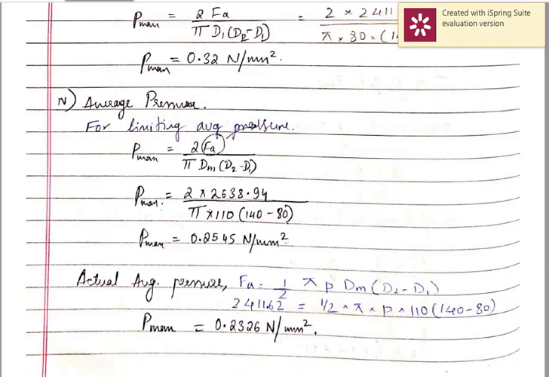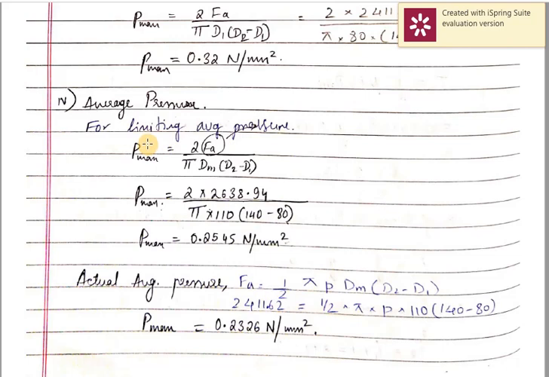Next, the fourth bit in the question, finding the average pressure. For this, we don't have an exact equation in the data handbook, but with a little modification we can obtain this equation by modifying equation number 13.9d itself.